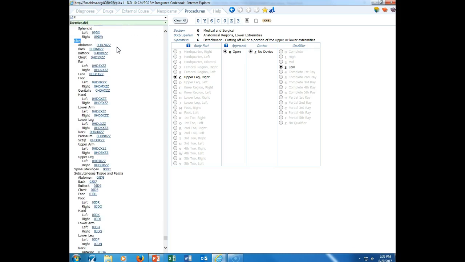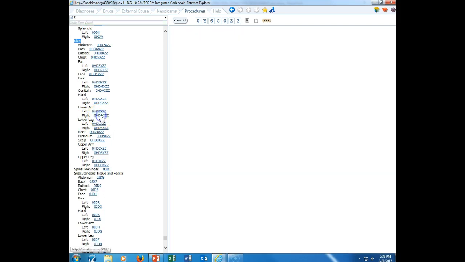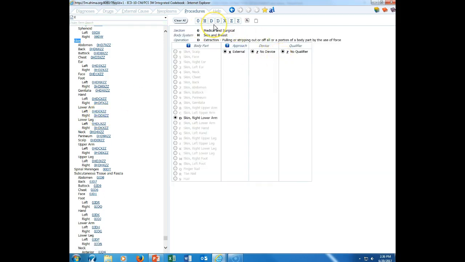So we have to put in skin, and the definition doesn't tell us that it's the skin of the right lower leg. We see that when we look at the example for body part. But if we look, we can see that we have a subterm for lower leg and then right. And that takes us straight to the code.